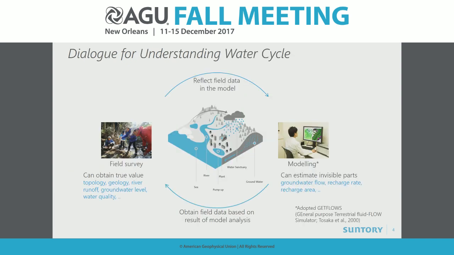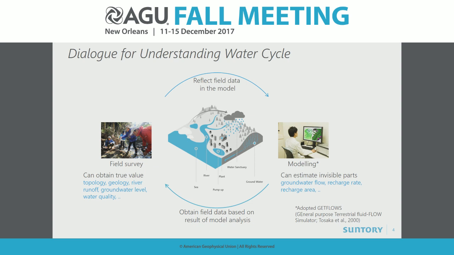And this is the concept of our study. We collect real values, such as topography, geology, or river runoff, from the actual field, and we reflect these field data into the model. And the model can estimate invisible parts like groundwater recharge rate or groundwater flows.